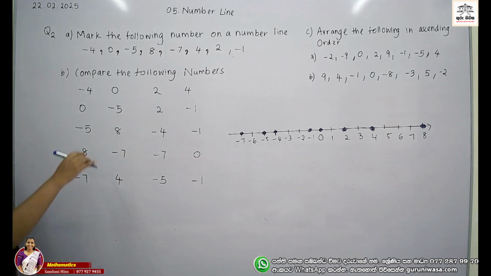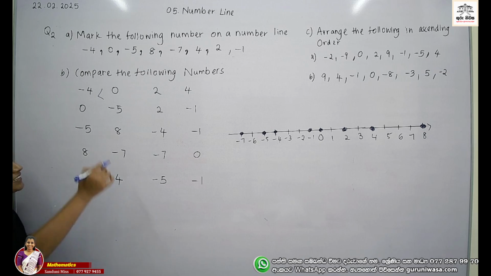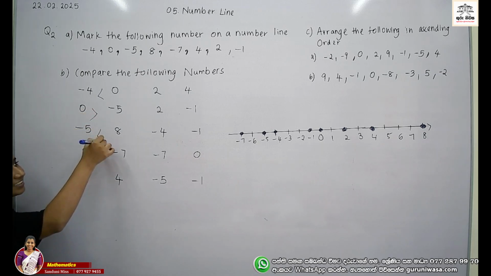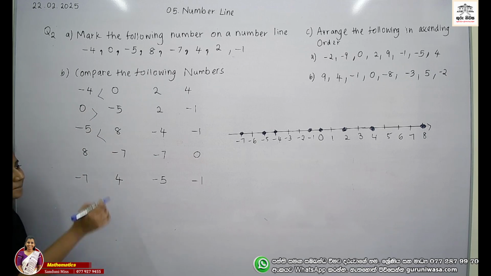Tell me the answers. Which is bigger, negative 4 or 0? 0. Right. Next. 0. Next. 8. Next. 8. Next. 4.